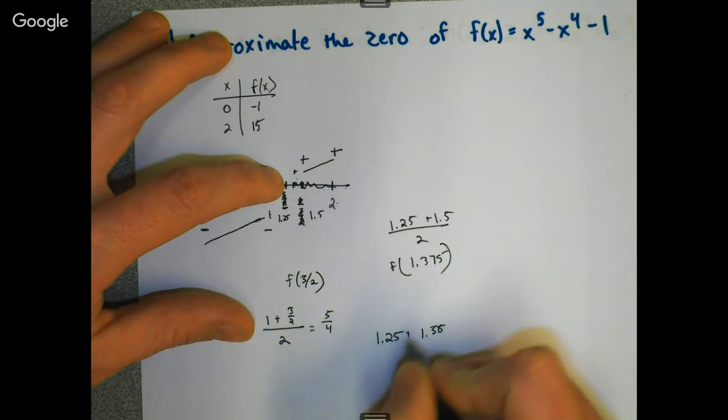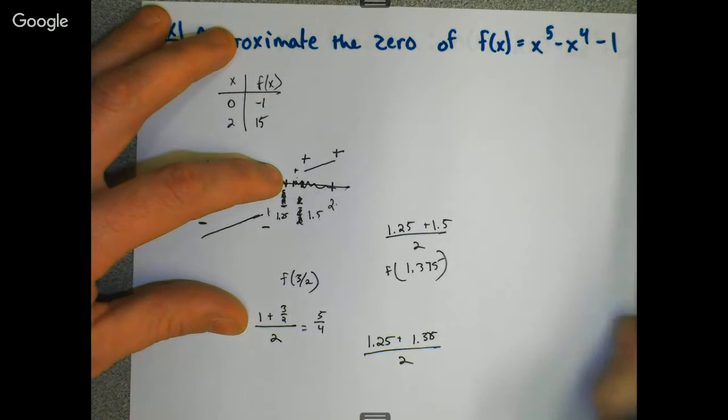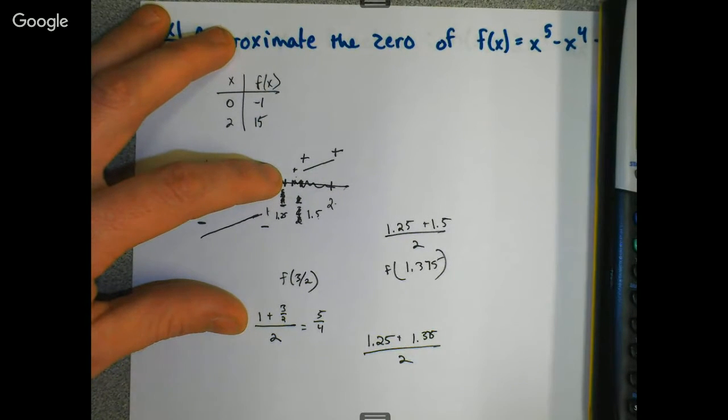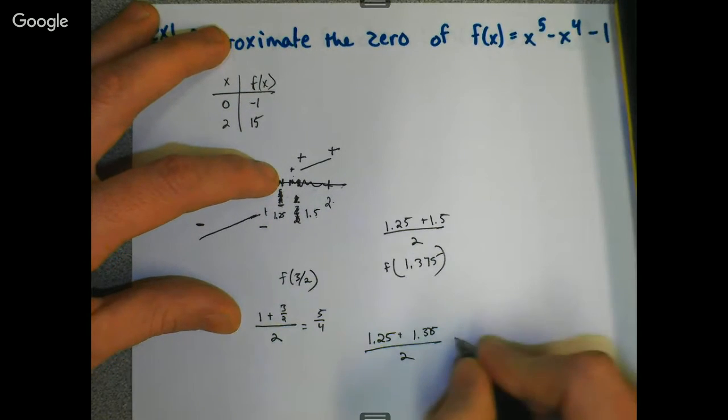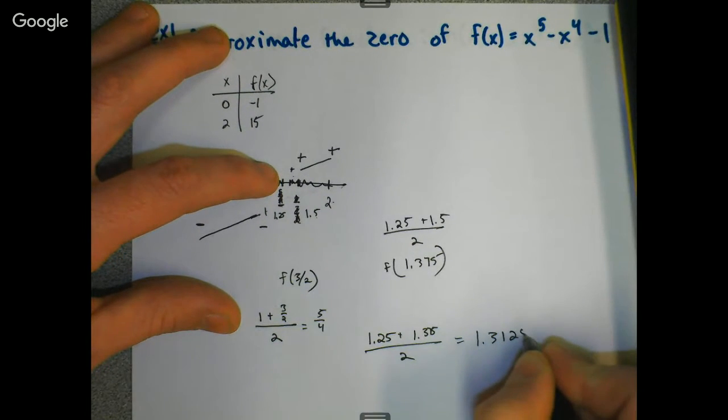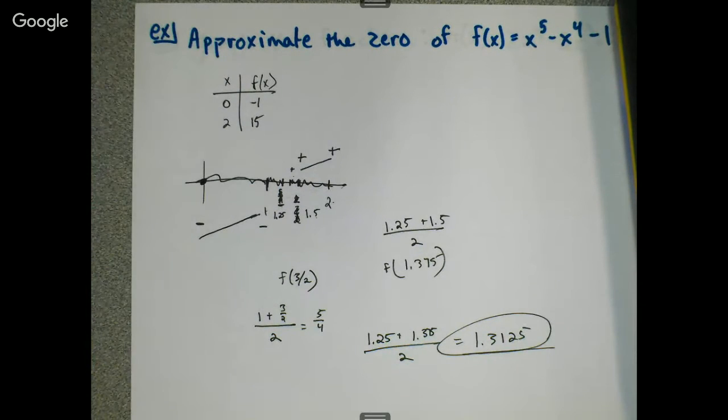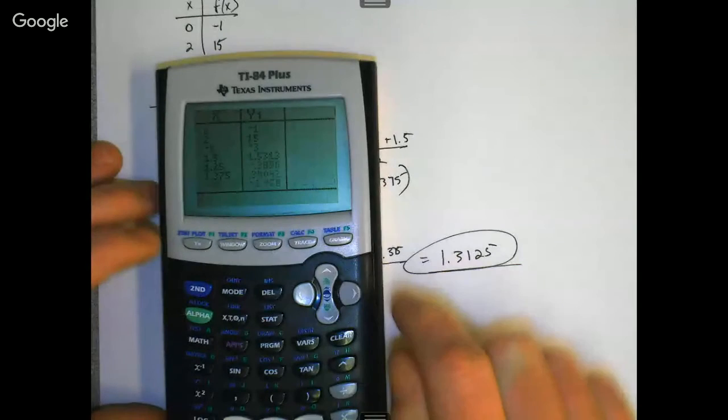Just one more guess, it might be right in the middle of it. So we would estimate that my 0 is 1.3125. That's my estimation.